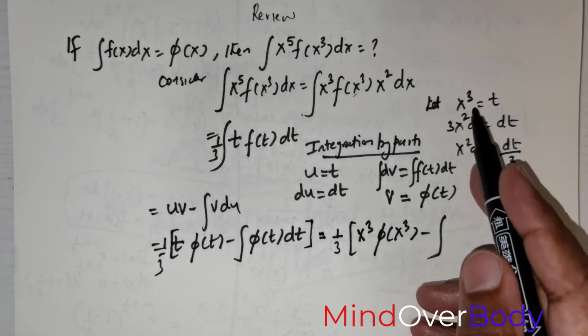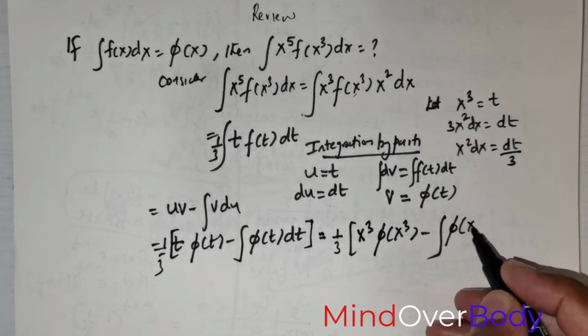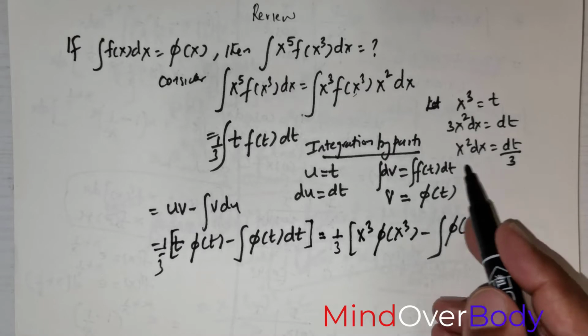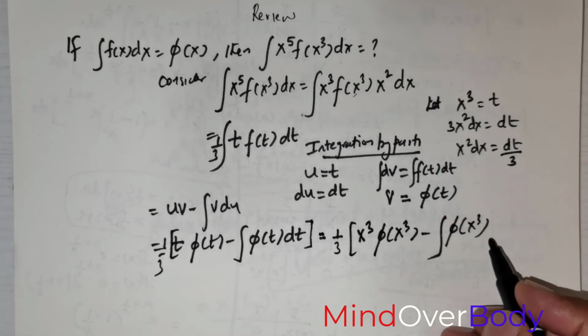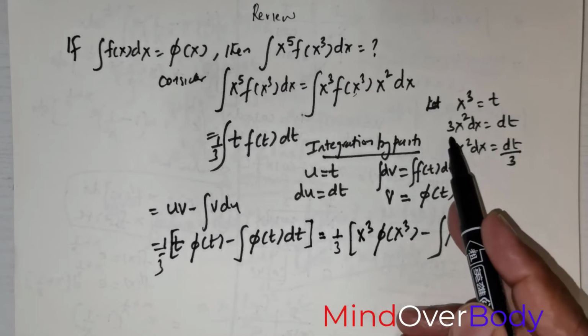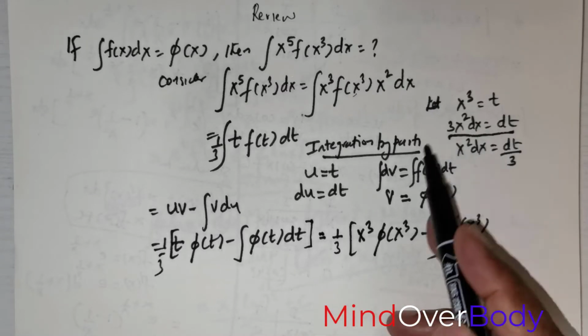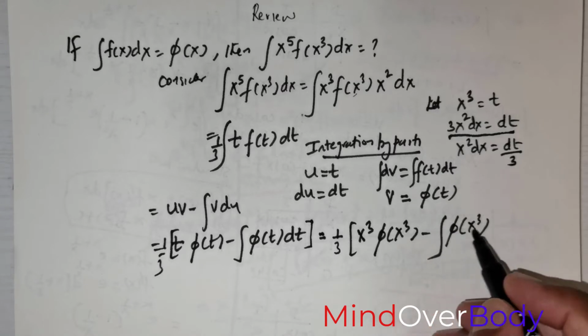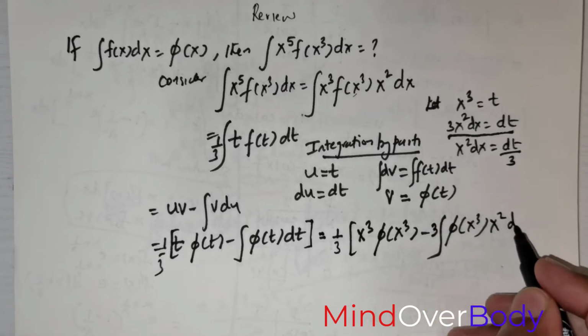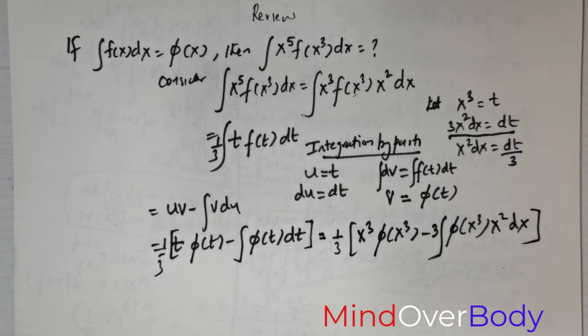Now in place of t I will have to place an x cubed. In place of dt I will have to place 3 times x squared dx, right? Because this is what my dt is. So this is going to be 3 times x squared dx. So this is what we've got.